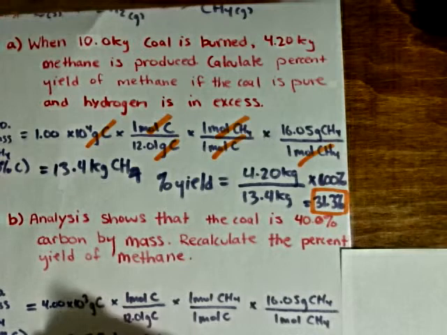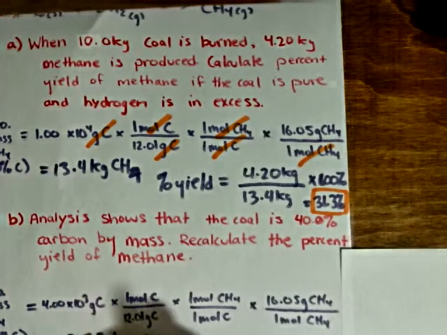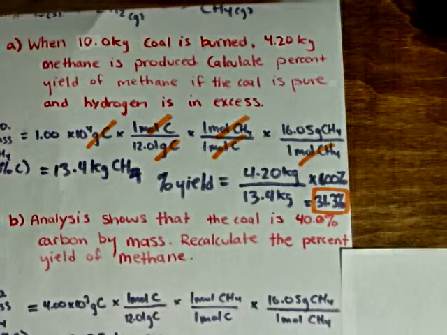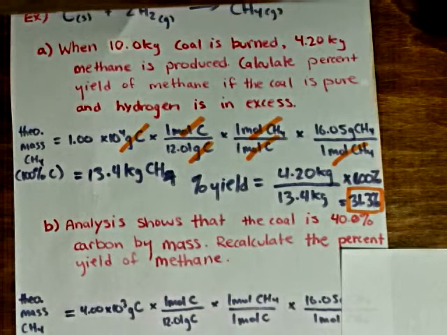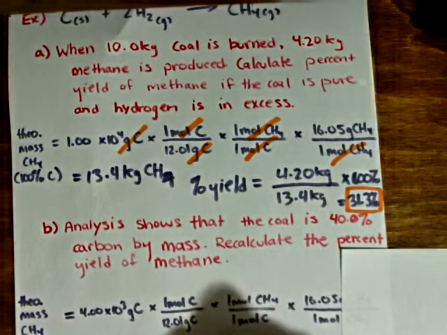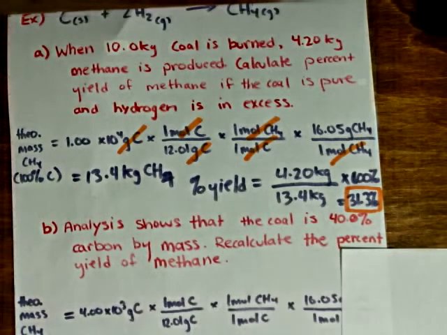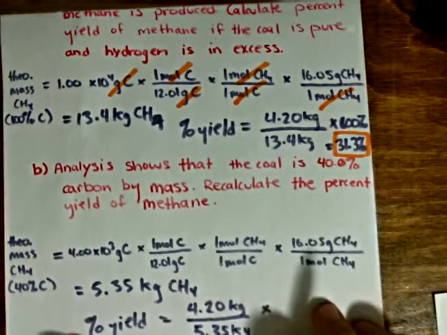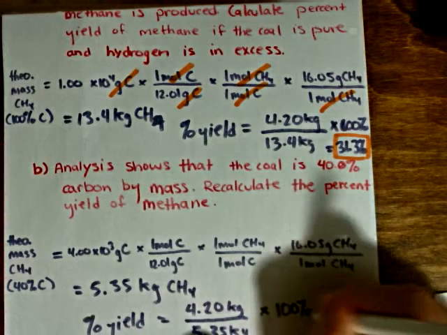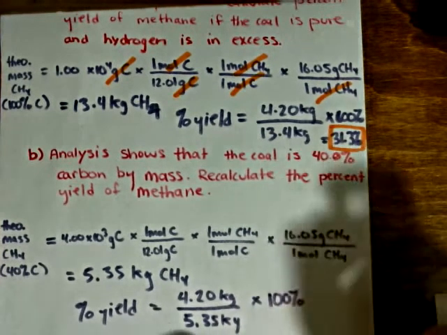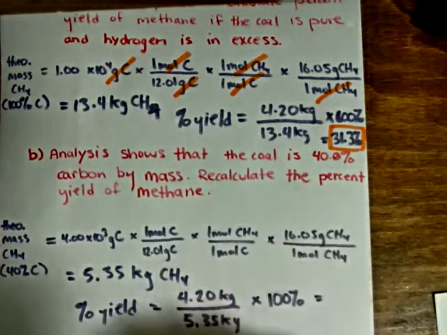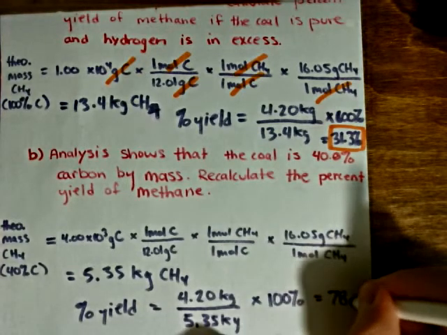And now the percent yield will just be equal to the actual mass of methane, which is the same as above, 4.20 kilograms, divided by the new theoretical mass of methane, 5.35 kilograms, times 100%, which gives us an answer of 78.5%.